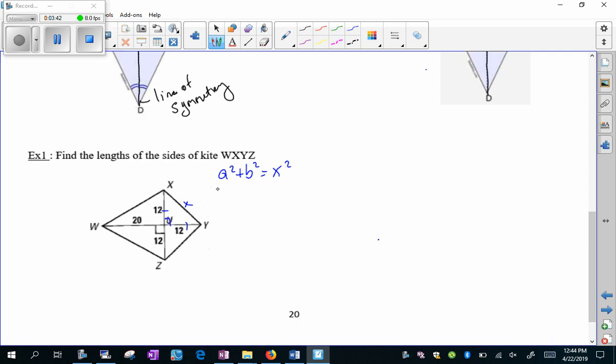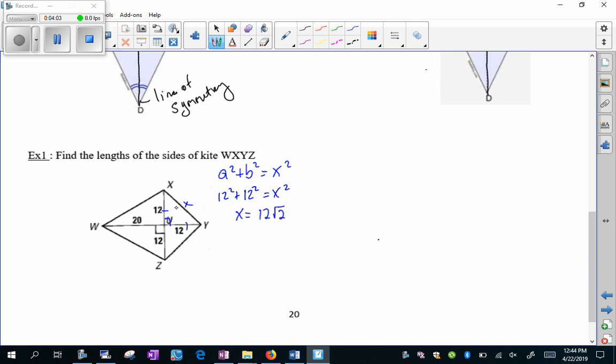But anyway, working through, I'm going to have 12 squared plus 12 squared equals x squared. Okay, and when I do that calculation, because I'm not going to do it all, I'm going to have that x equals 12 square root of 2.